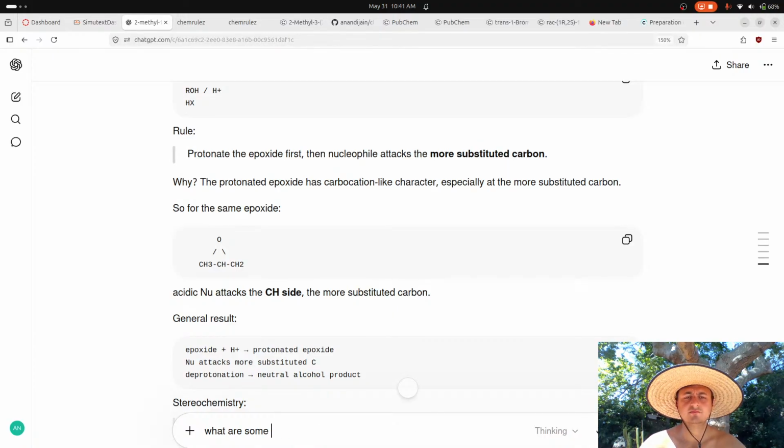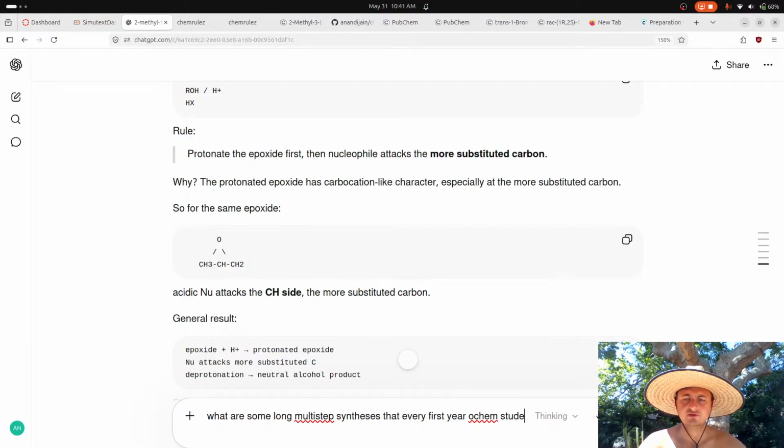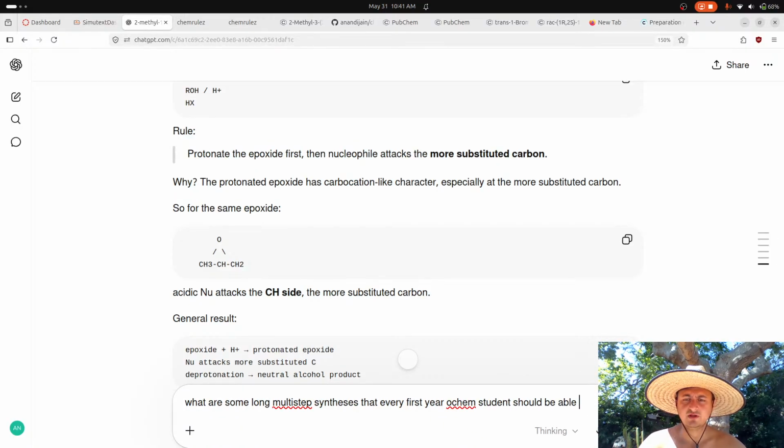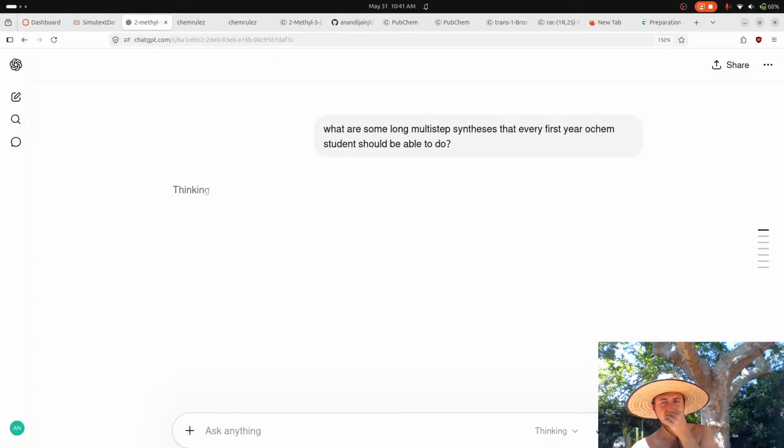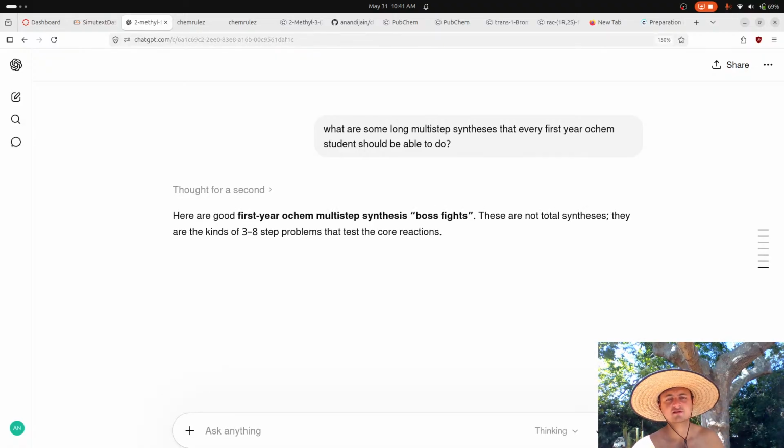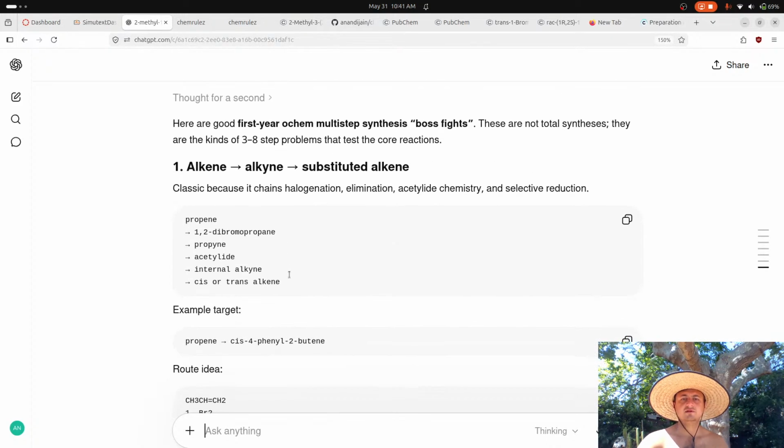What are some long multi-step syntheses that every first year OChem student should be able to do? Because I hate that all the puzzle cases are like propene, propyne, acetylide, internal alkyne.